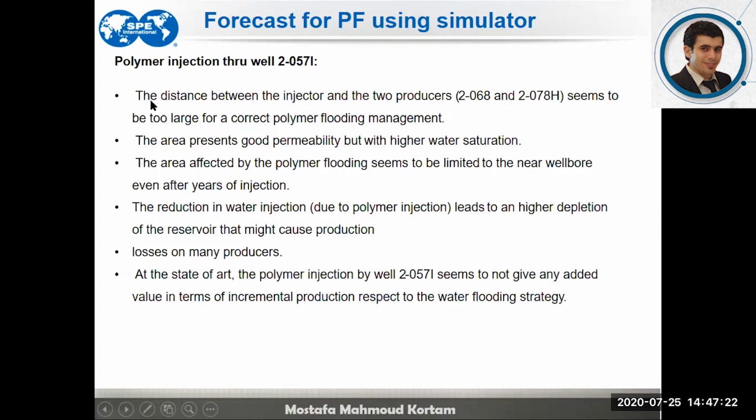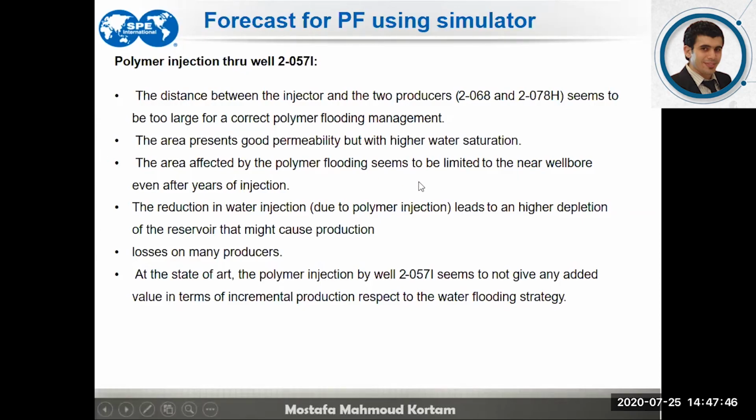One of the reasons is that the long distance between the injector and the producer wells seems to be too long for correct polymer flooding management. Also, the area represents good permeability and good injectivity, but there is high water saturation spread everywhere.